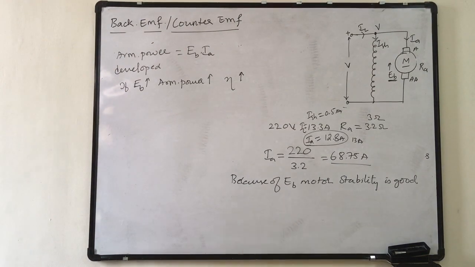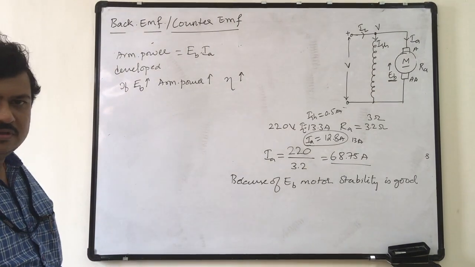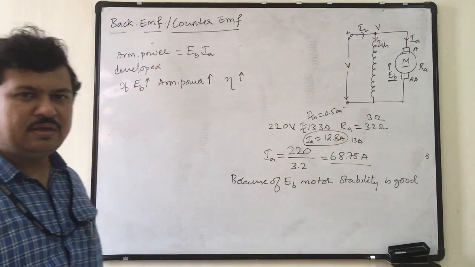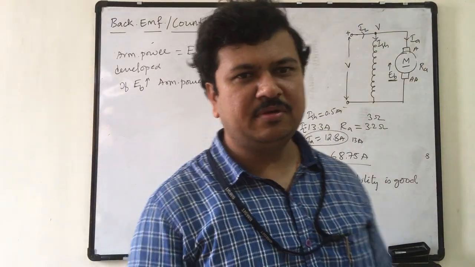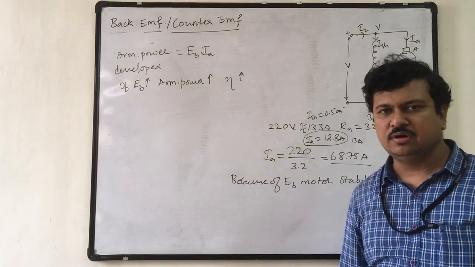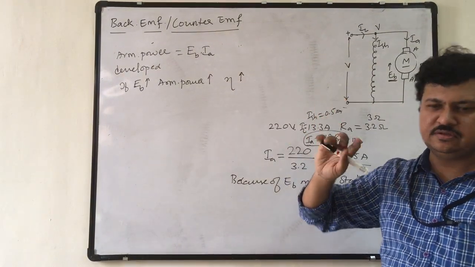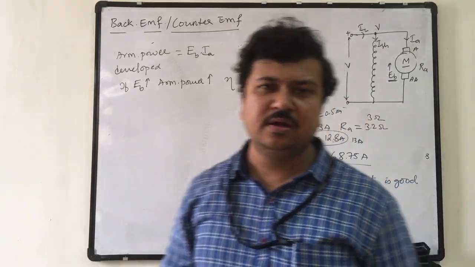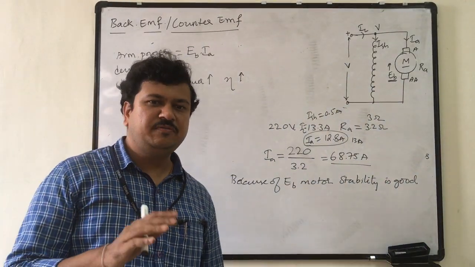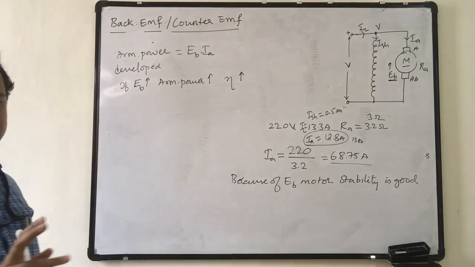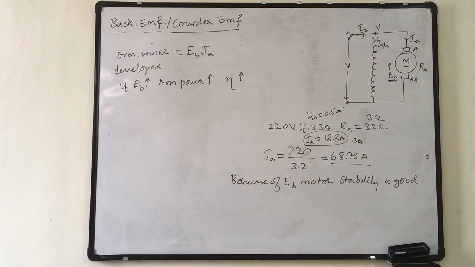More the output power means more the efficiency. Simple. So if the induced EMF, or the back EMF, is more, then the output power of the armature is more, which will increase the efficiency. The second significance of back EMF is that it will increase the efficiency of the motor. So these are the two significances of back EMF.